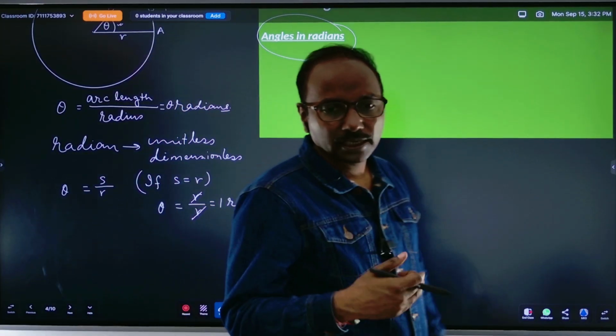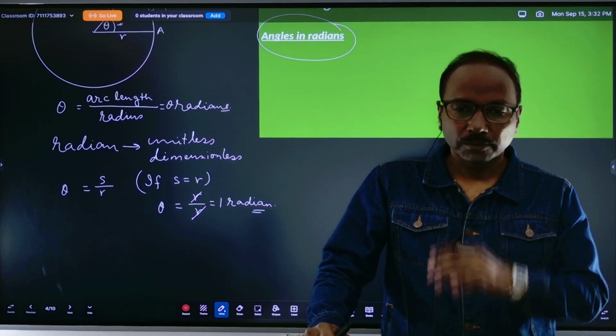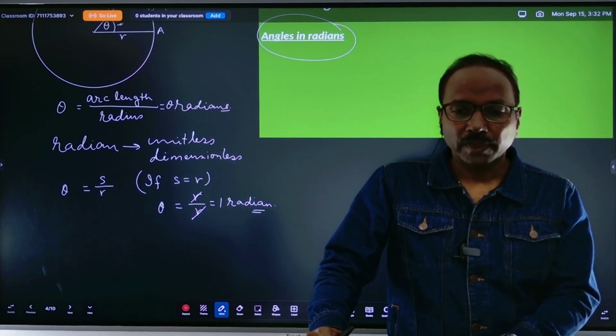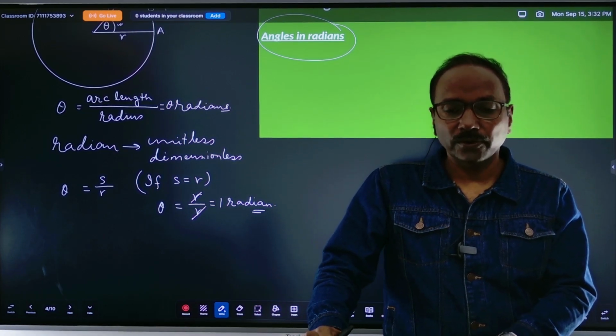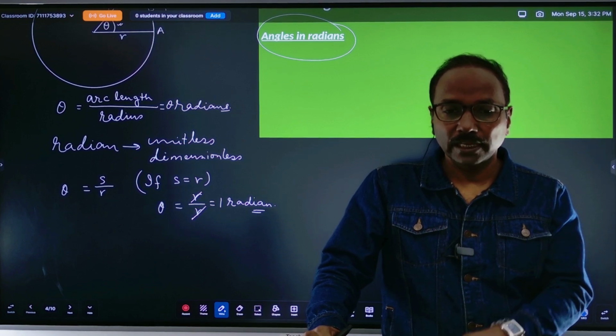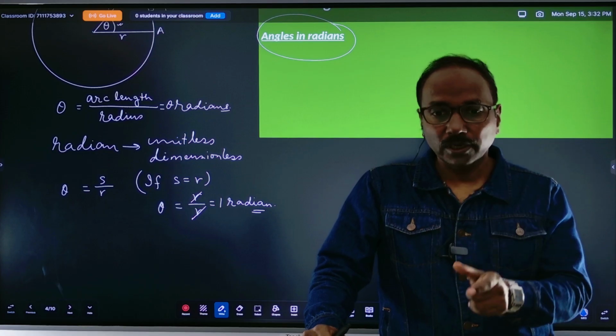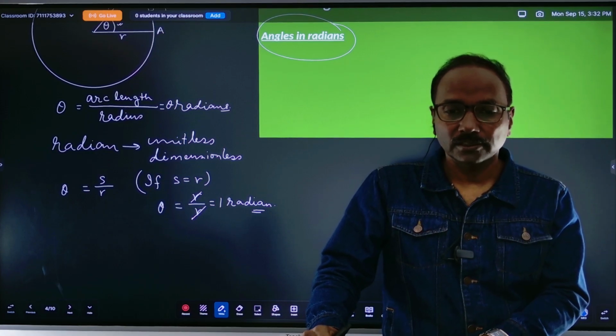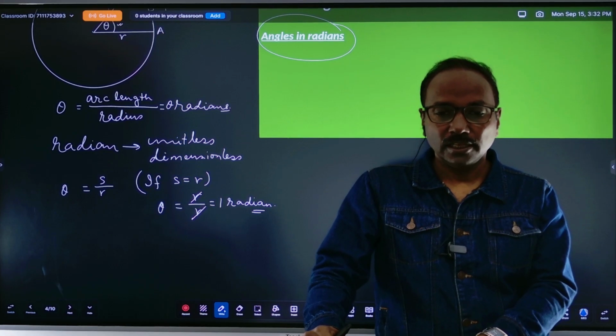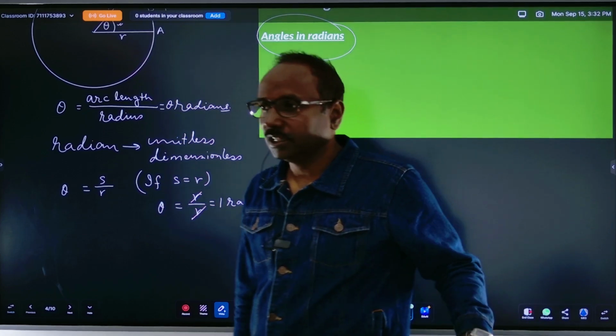So radian can further be put in words: it is the ratio of arc length equal to the radius of the circle and the radius of the circle.